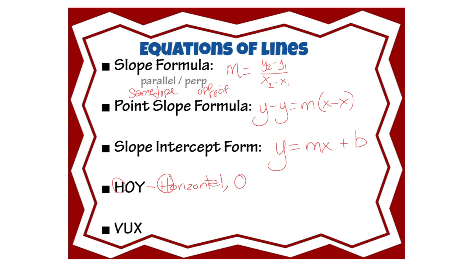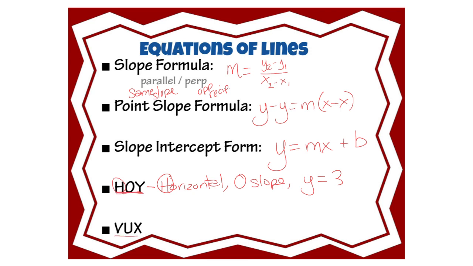Notice the O there, that's a zero slope. And if you're going to write the equation of a horizontal line, it's always going to be y equals some number, like y equals 3. That's a horizontal line at 3. But it only has a y in it, it doesn't have an x. So that's where your HOI comes from.